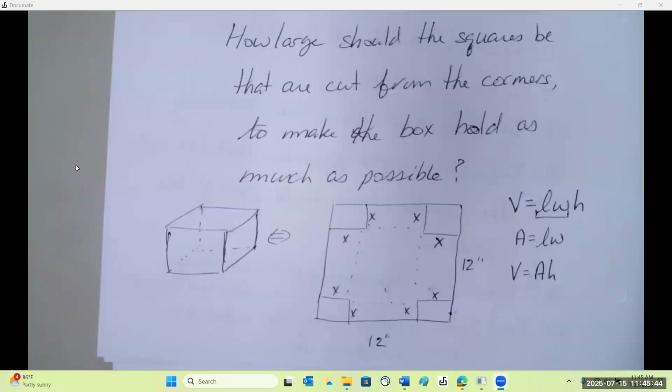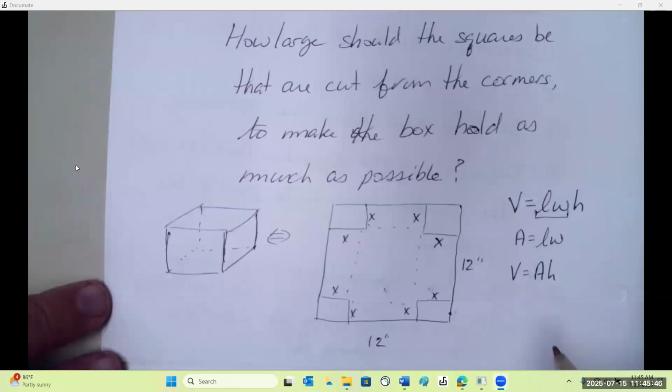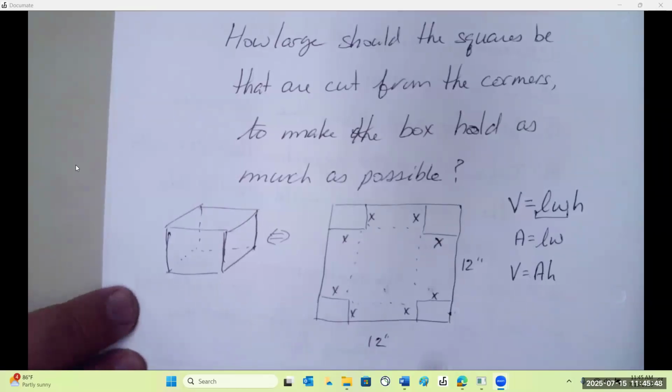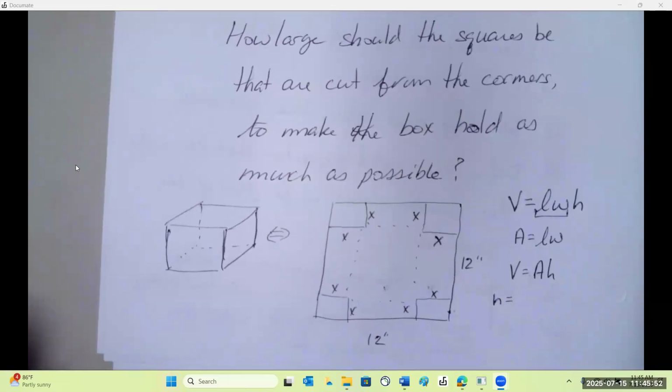So what do we know? What's the height going to be? We know what the height's going to be. Can you guess what it is?